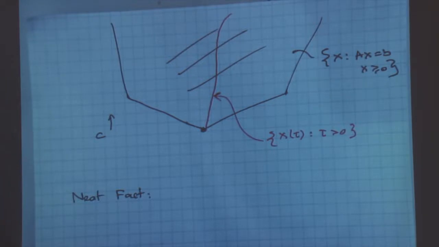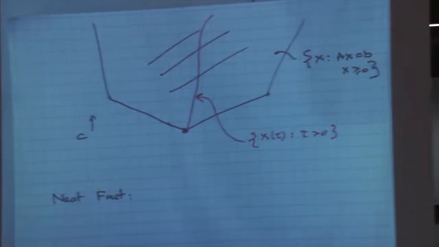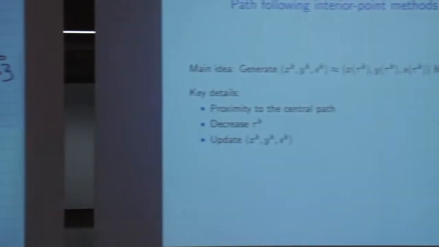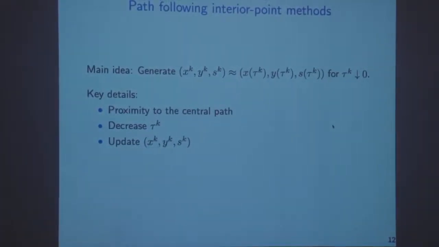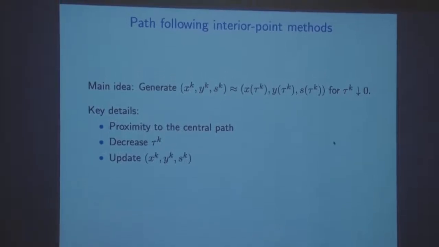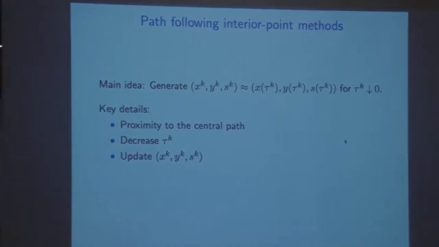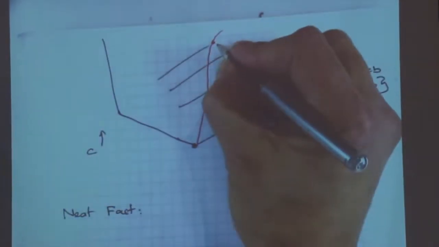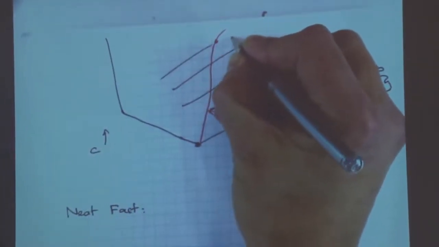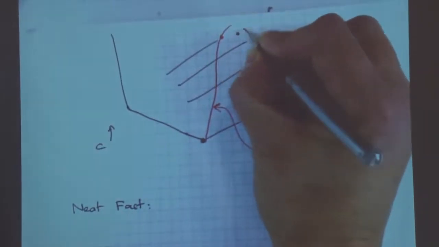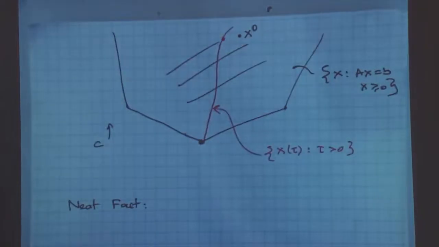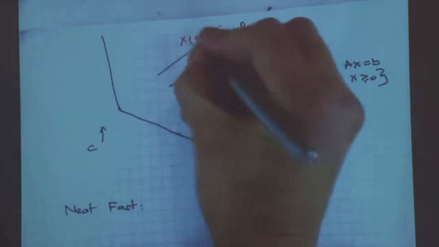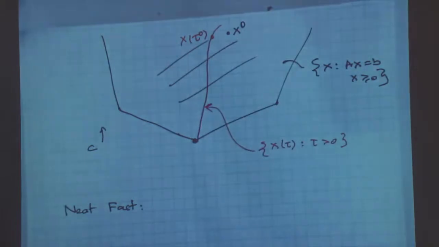So the idea of path-following interior point methods is very much in the same spirit as the barrier method. We are going to have an initial value, say tau 0, and a point x0 that approximates x(tau 0).